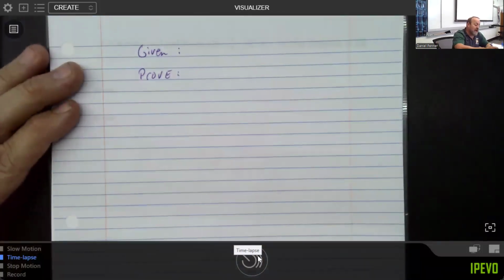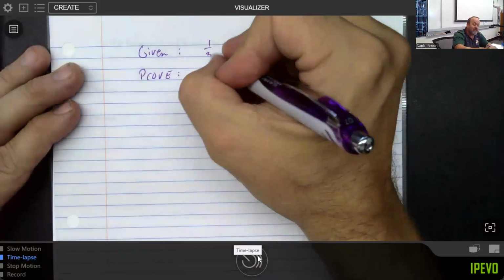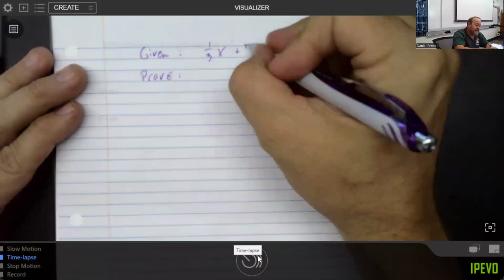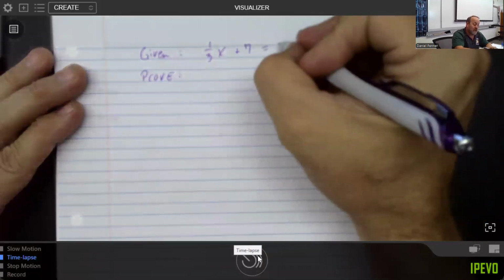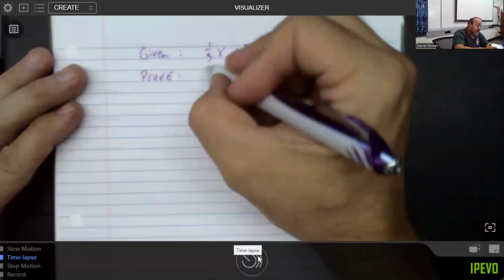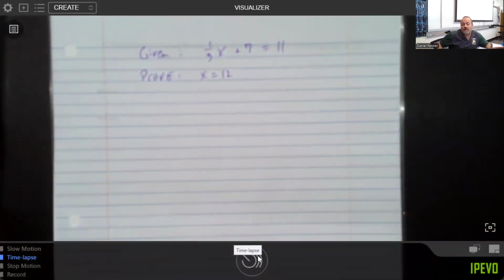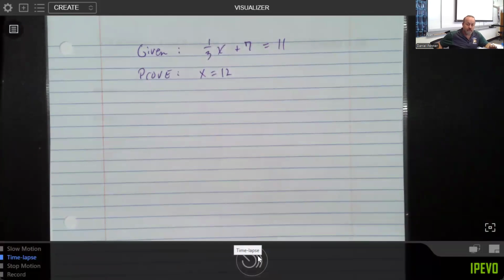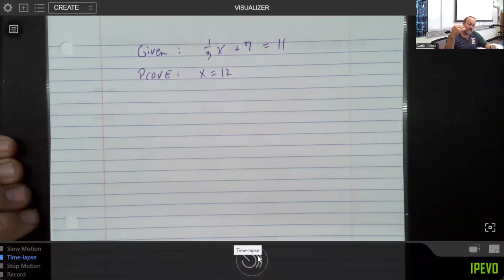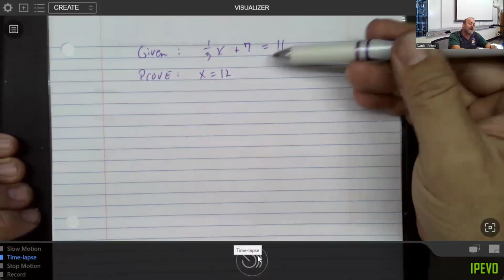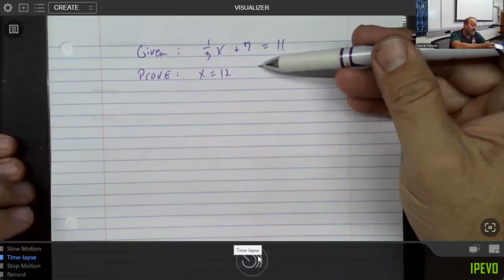And so let's say we had given that 1/3 of x plus 7 is 11. Let's prove that x must in fact be 12. Now, this would be an example of the kind of thing that we might want to prove. Now, again, I'm going to lay out a logical set of arguments to start with this statement of fact and arrive at this conclusion down here.